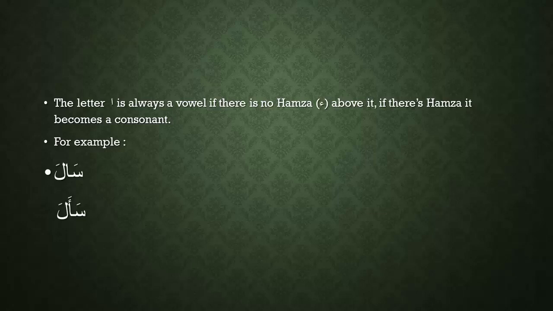For the second example, there is an alif. There is a hamza above it. So it becomes a consonant. We do not read it as a vowel. So we will read it as sa, a, la, sa'ala. The first one is sala, a vowel. The second one is sa'ala, a consonant.